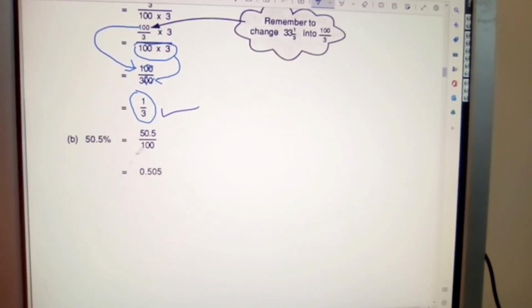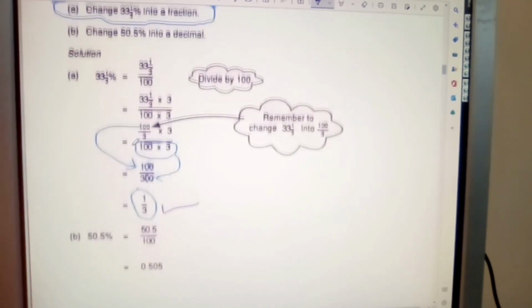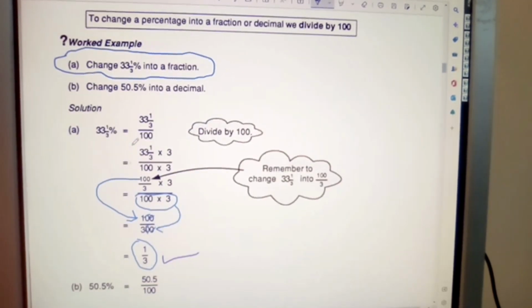And here we have 50.5 converted into a fraction, and we're looking at this part into a decimal.